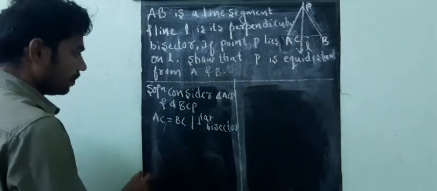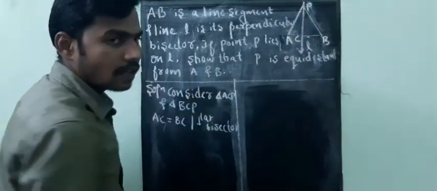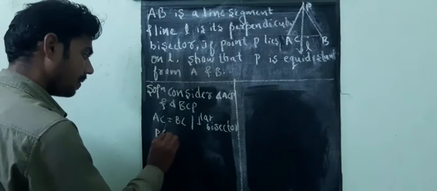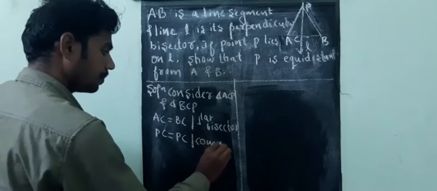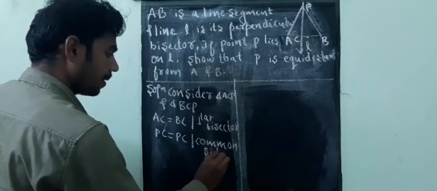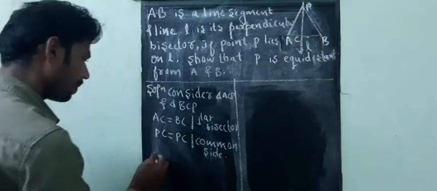Now, after that, PC is common. So PC is equal to PC, common side, and angle ACP is equal to angle PCB.